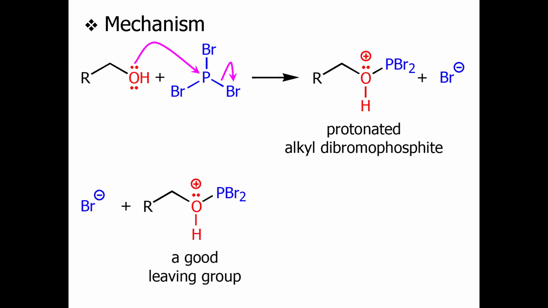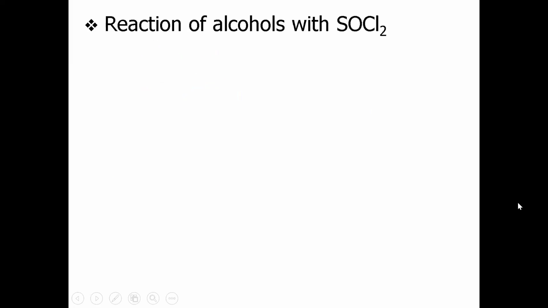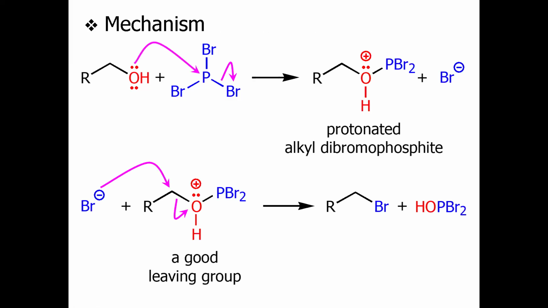Now the bromide ion which departed is attacking this carbon to give the substituted alkyl bromide, and this intermediate will depart. This step will continue until we get 3 moles of alkyl bromide, and ultimately it is converted into H3PO3.